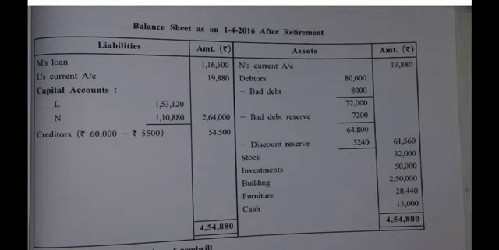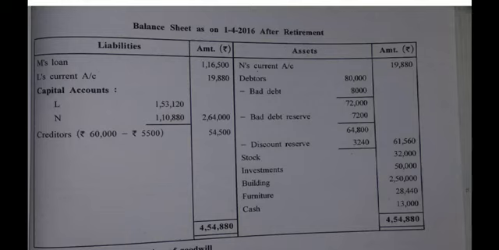So what is 10% of 72,000? 7,200 of course. So 72,000 minus 7,200 gives you 64,800. And on this you are supposed to keep a discount reserve of 5%. 5% of 64,800 is 3,240, as mentioned in the new balance sheet.